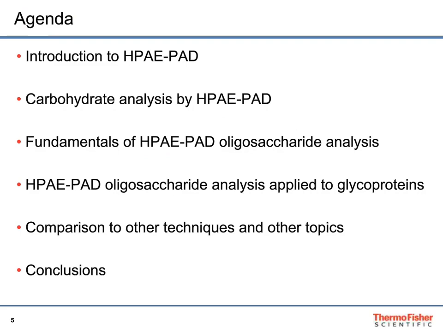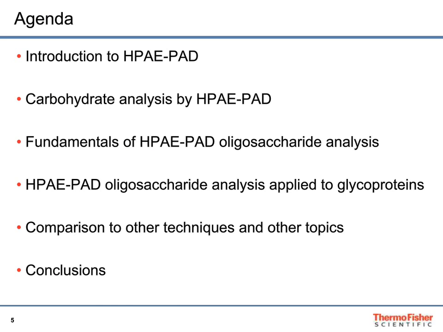On the next slide, you'll see my agenda. In the first part, I'll give an introduction to what HPAE-PAD is. I will follow that with a discussion of how HPAE-PAD has been applied for carbohydrate analysis, and then get a little bit more specific and talk about the fundamentals of its application to oligosaccharides, and then specifically to glycoproteins, including the sample preparation techniques you use to get your samples ready to do HPAE-PAD of glycoprotein oligosaccharides.